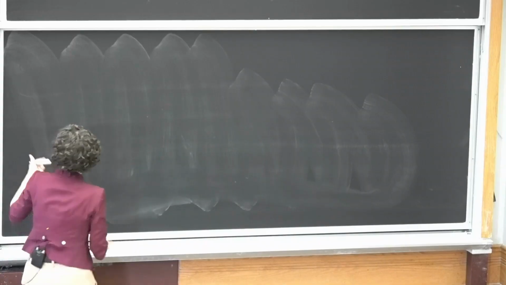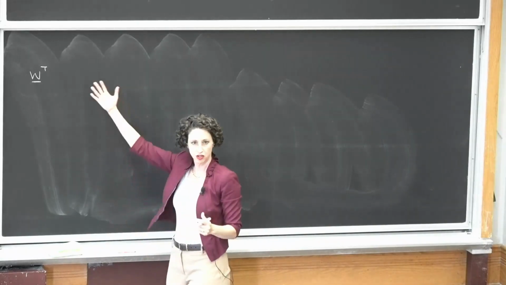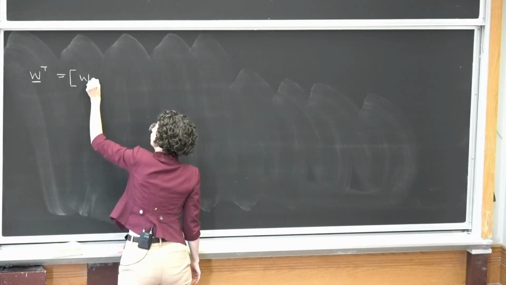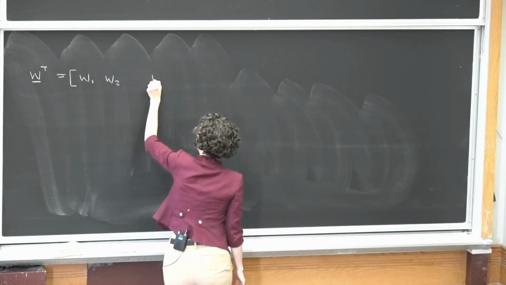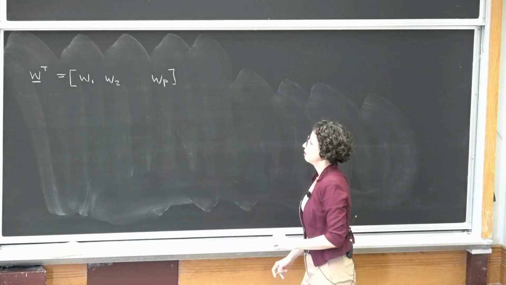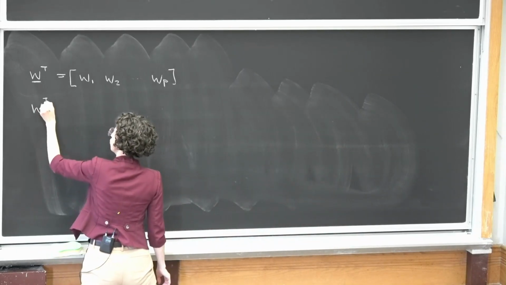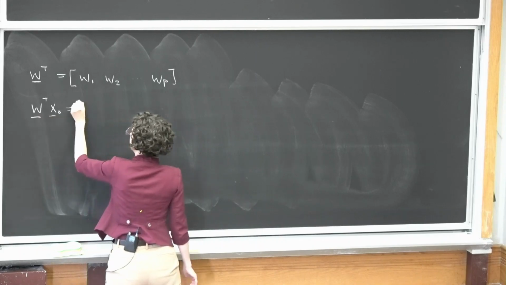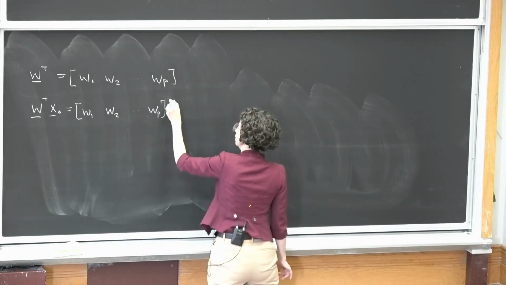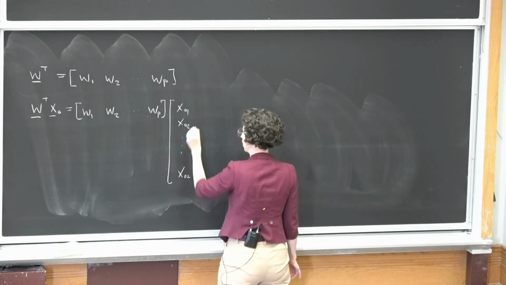So when we talk about a vector, let's say W transpose, we indicate it with this superscript that looks like a little t. And it means that we are going to have W1, W2, all the way to WP, all in a row. And so when we talk about W transpose x naught, this means W1, W2, all the way to WP times x naught 1, x naught 2, all the way down to x naught p.